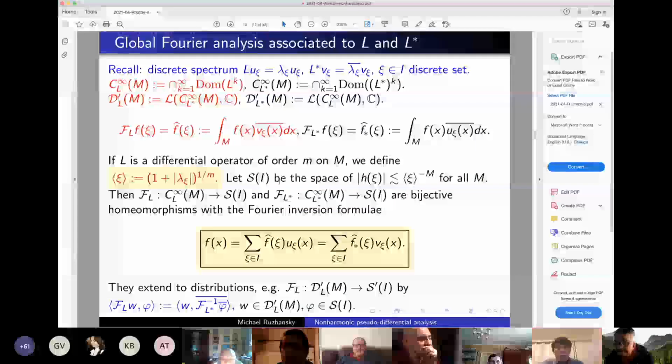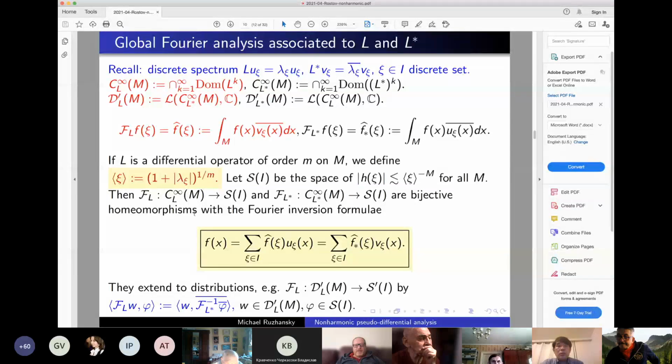So we can consider the Schwartz space of the coefficients. These are functions h, coefficients h, which decay faster than any power compared to the eigenvalues of the operator L. Then the Fourier transform maps C^∞_L to this Schwartz space. These are bijective homeomorphisms, and we have a Fourier inversion formula.